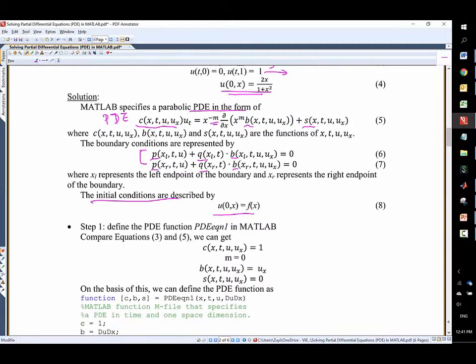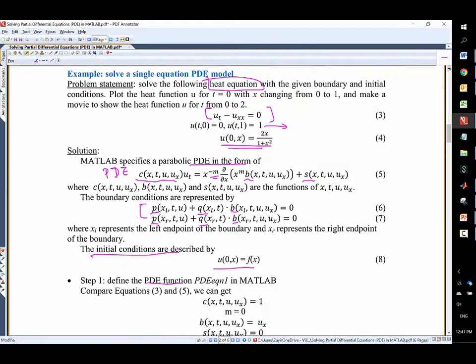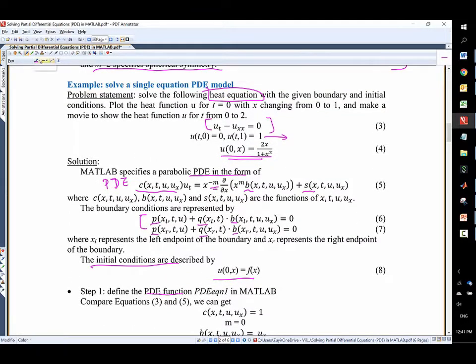Okay, now let's take a look. Let's build a PDE function here. Let's look at these two equations, I use the blue color. You get UT, and then we move the UXS to the right hand side, just to be consistent.